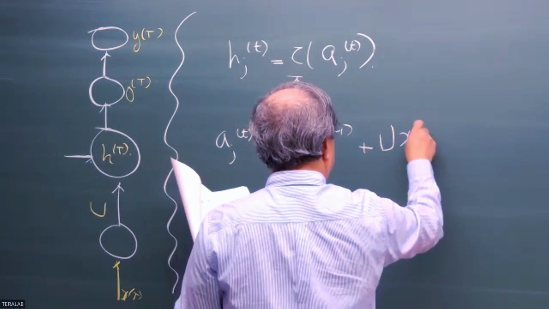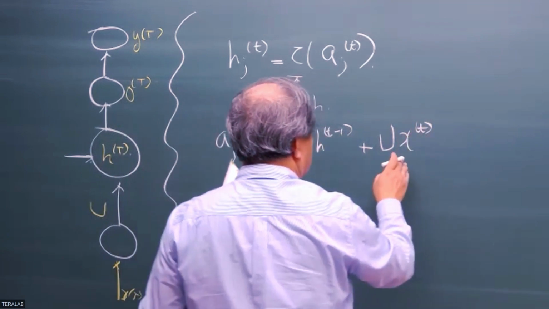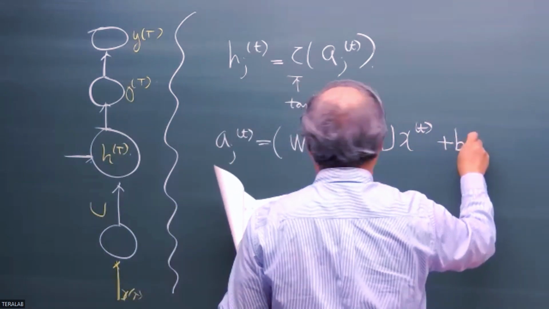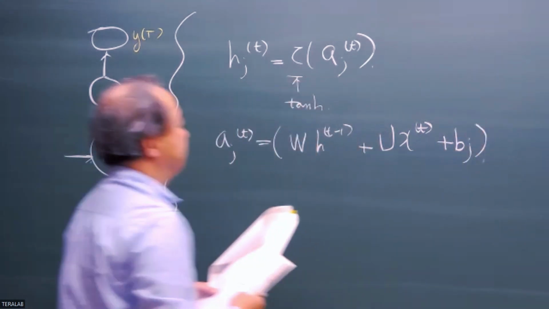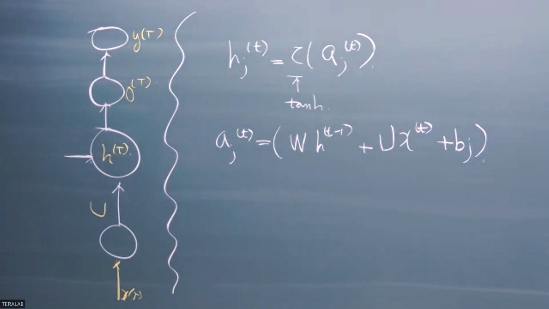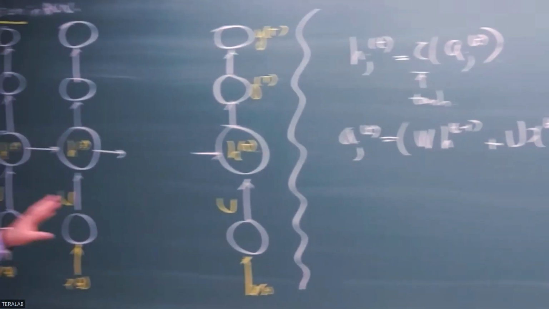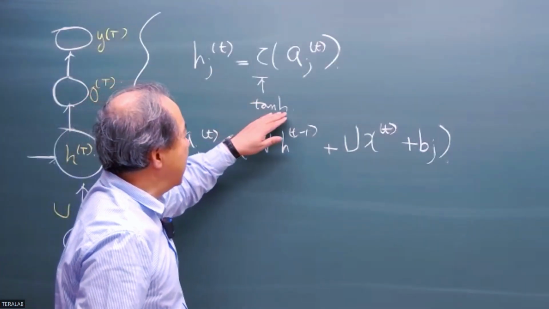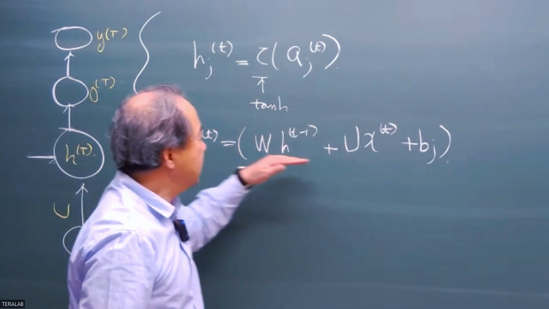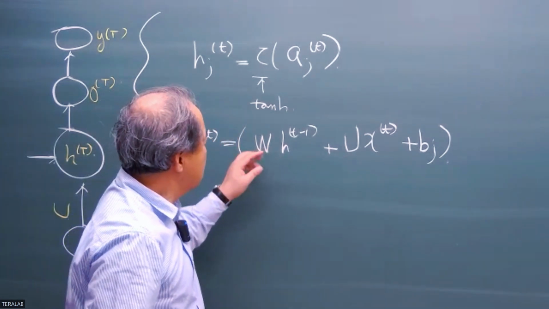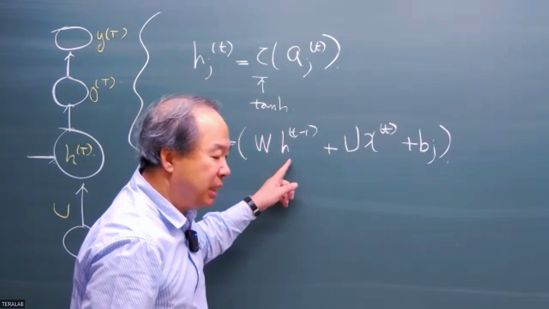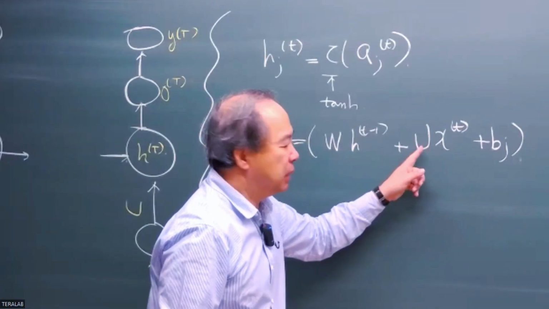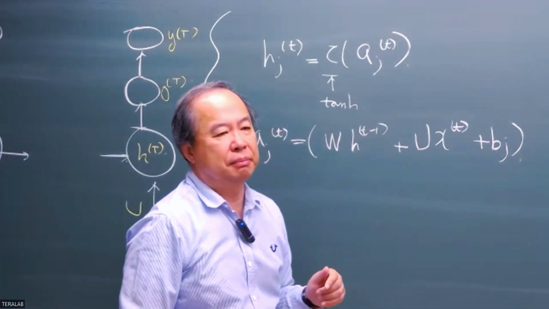This is not a very rigorous expression, but the current input with the U matrix plus bias. It means that the hidden state will be obtained by the tangent hyperbolic of this operation. That operation is W multiplied by the previous hidden state, and the current input multiplied by the U matrix, plus bias.